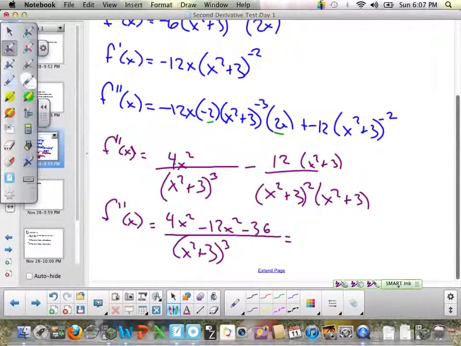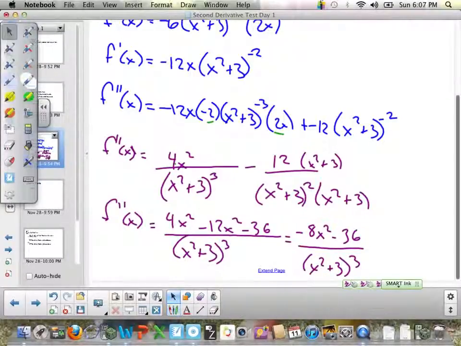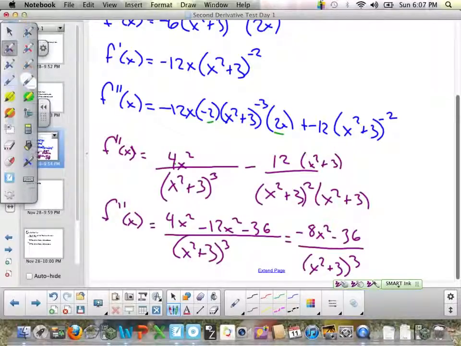So that would be 36x squared minus 36 over x squared plus 3 cubed. All right, there's a negative sign on the top, so let's factor that out. Those are both multiples of 4. So that'd be 2x squared plus 9 over x squared plus 3 cubed.